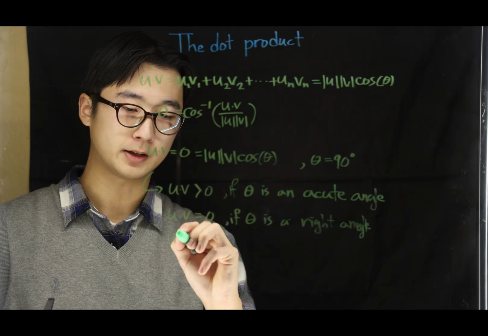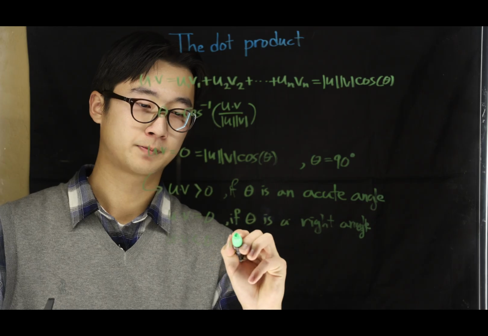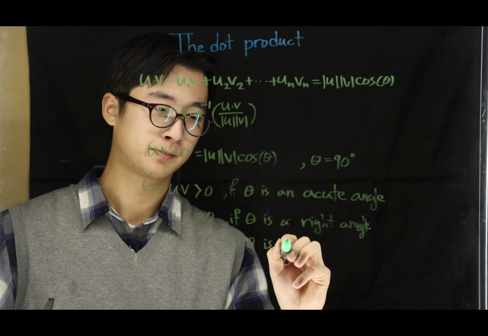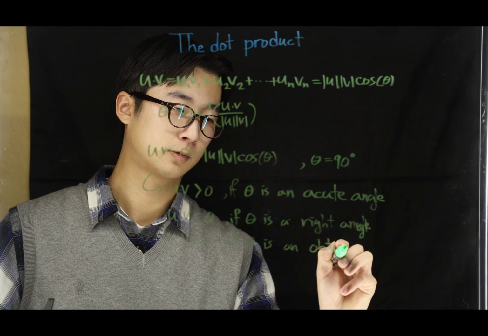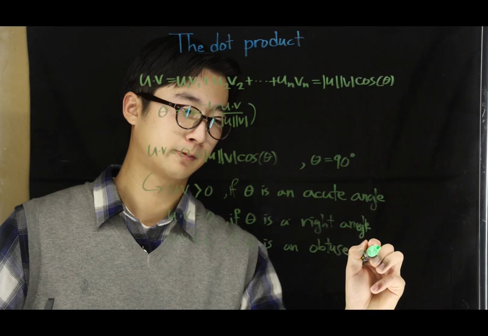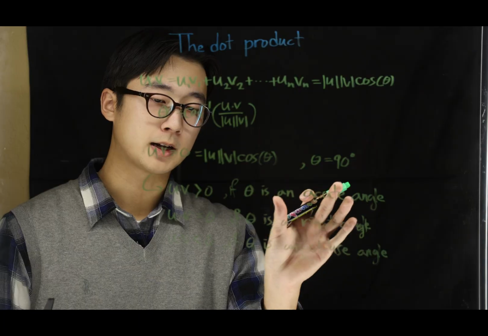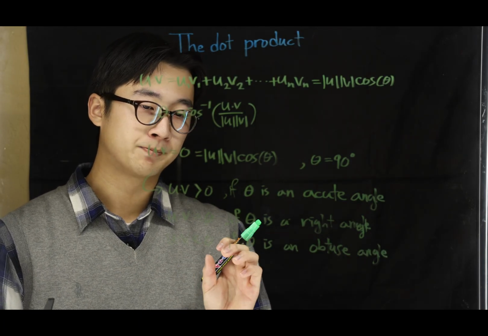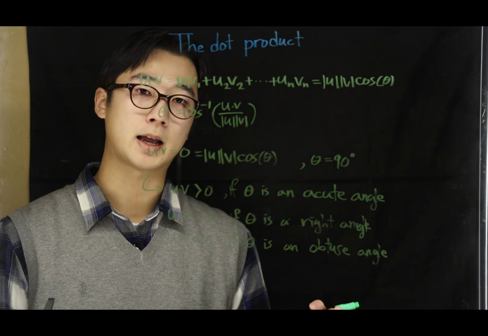And when the dot product is less than 0, the angle is obtuse. All right, so using the property of the cosine, we can figure out whether the angle is an acute, right, or obtuse angle.